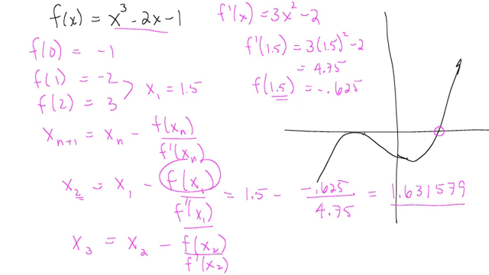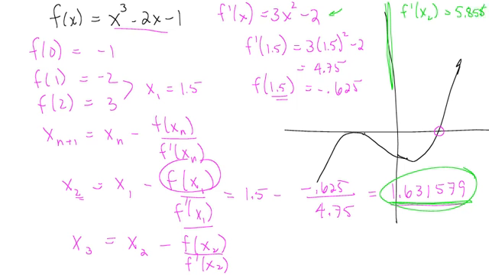Notice that a spreadsheet would probably help here, or if you're a computer modeler, you would do some programming to take away this tedious part. So here's my x2, so I'm going to find the derivative at x2. So I'm going to plug 1.63159 into my derivative formula, and I get 5.856.